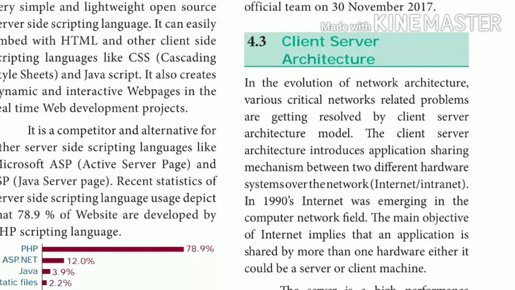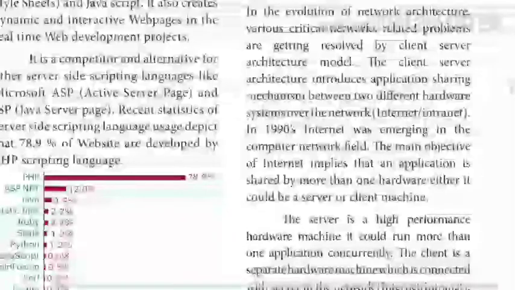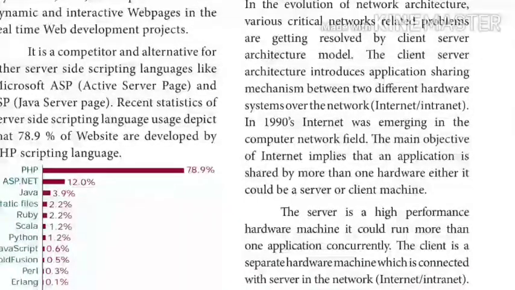In the 1990s, the internet emerged in the computer network field. The main objective of the internet implies that an application is shared by more than one hardware, either a server or a client machine.